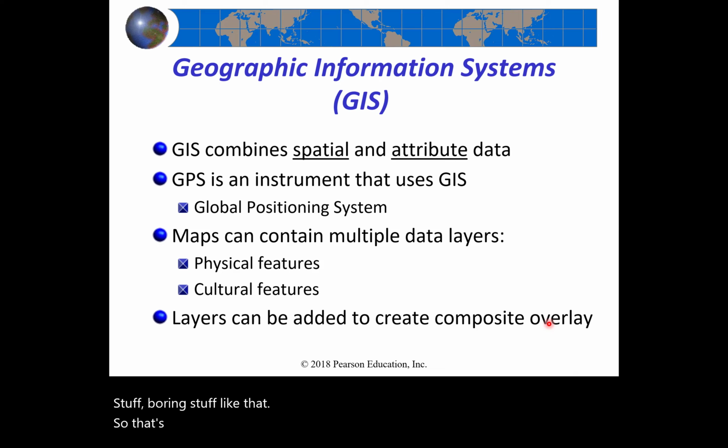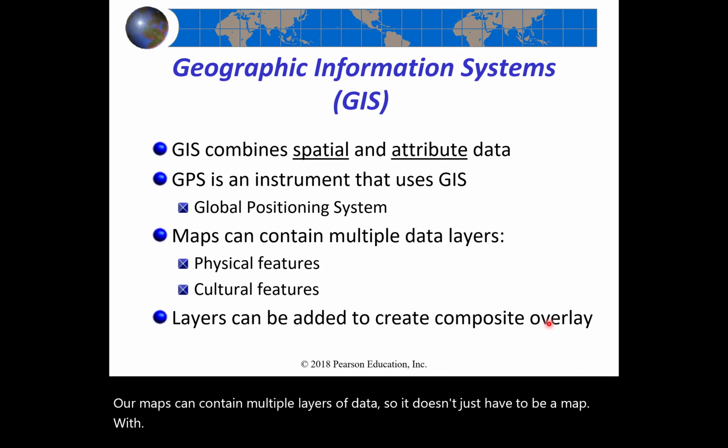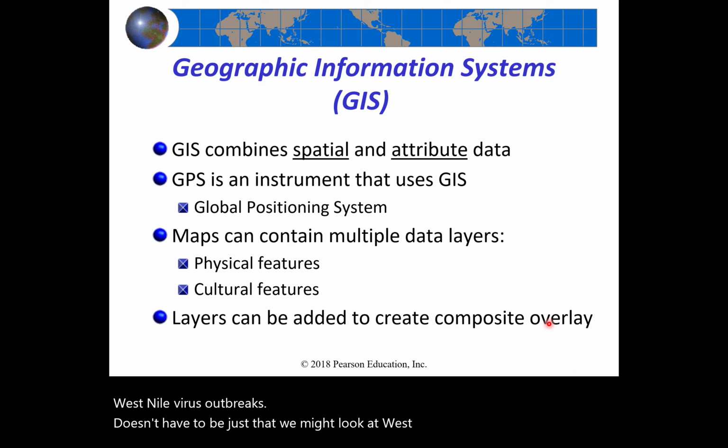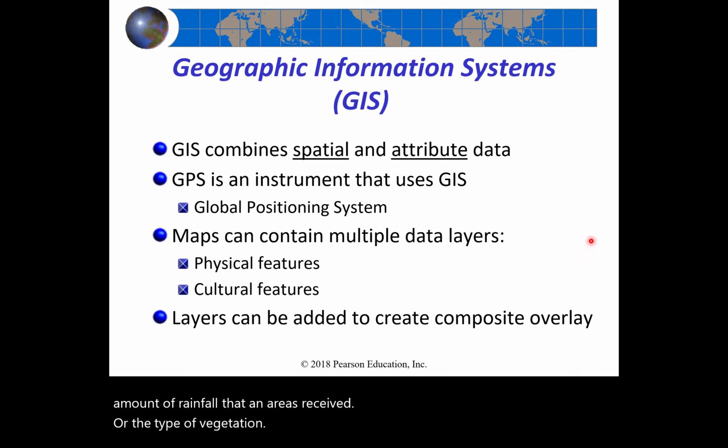And one thing about geography and GIS is that our maps can contain multiple layers of data. So it doesn't just have to be a map with West Nile virus outbreaks. We might look at West Nile virus outbreaks and the amount of rainfall that an area's received, or the type of vegetation in those areas.